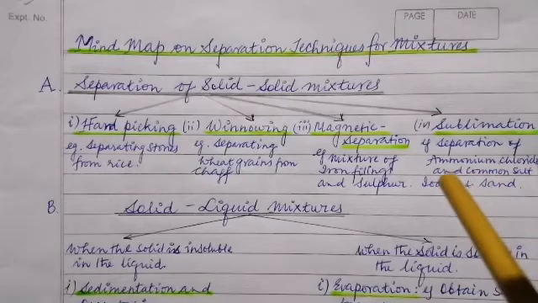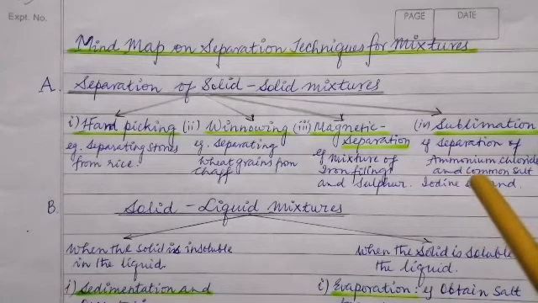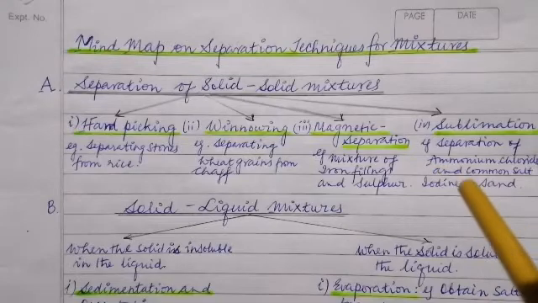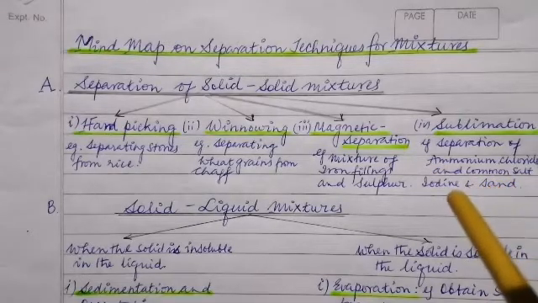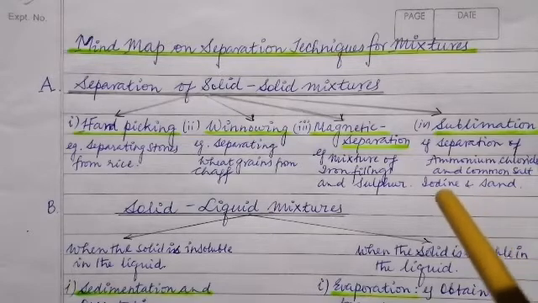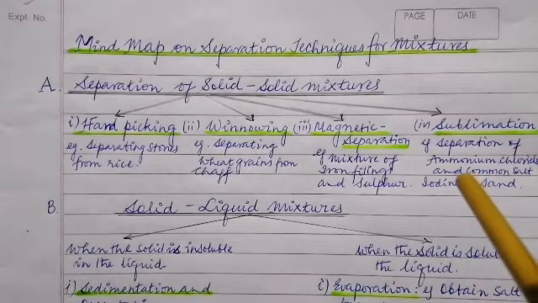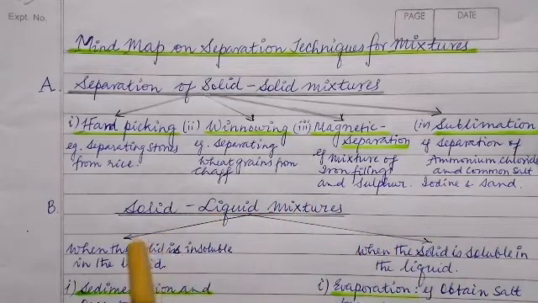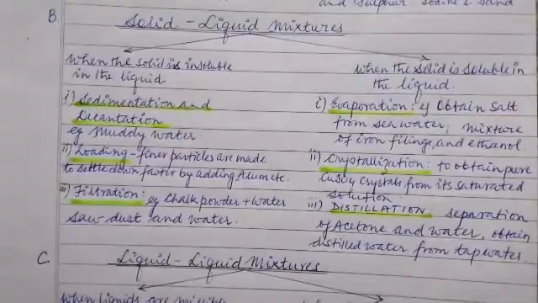For instance, it may be ammonium chloride, iodine, naphthalene, camphor, etc. So, a mixture of ammonium chloride and common salt, or a mixture of iodine and sand, can be separated by the process of sublimation.